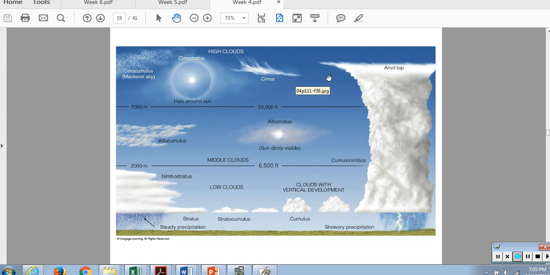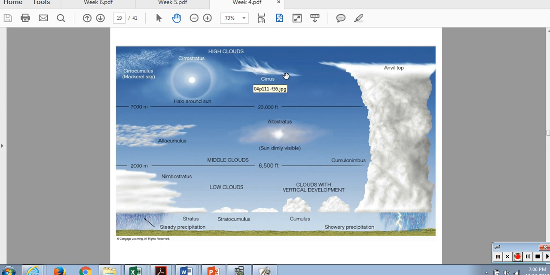So you would not get any precipitation that would reach the ground from these types of clouds. They're too high up, and it's hard to hold moisture up here because it's so cold, and whatever moisture is there is frozen.